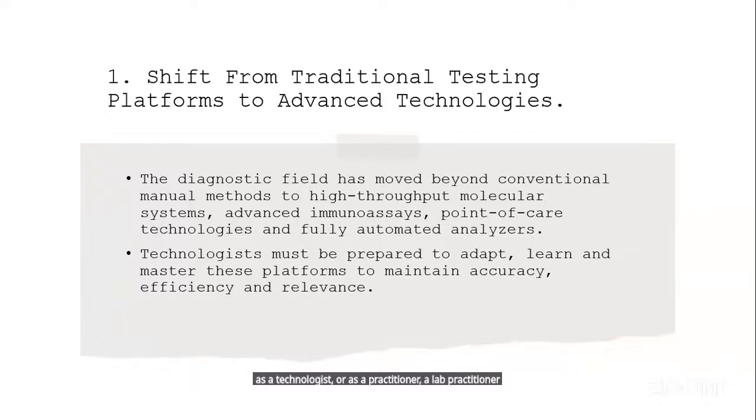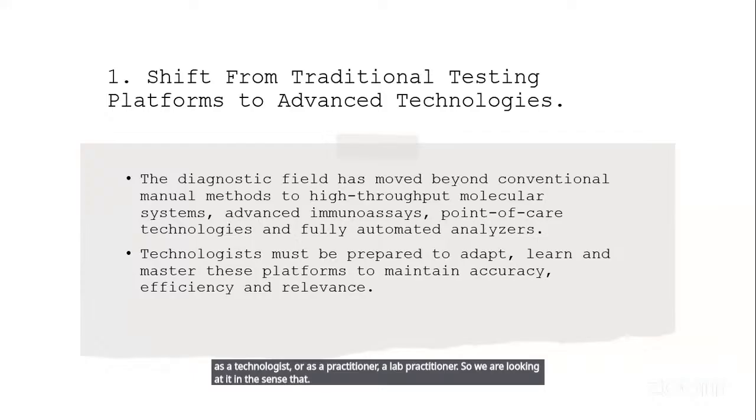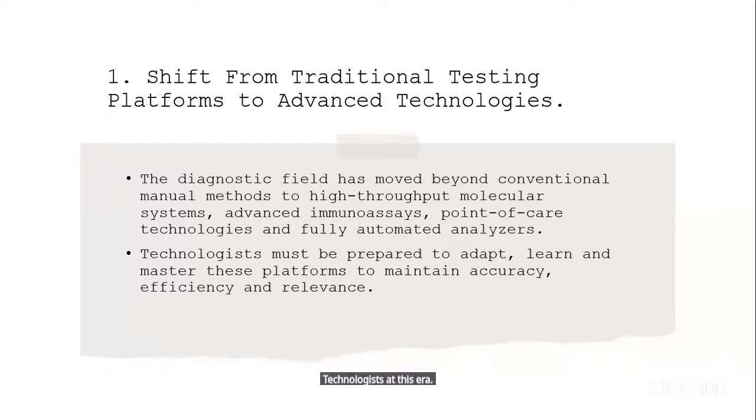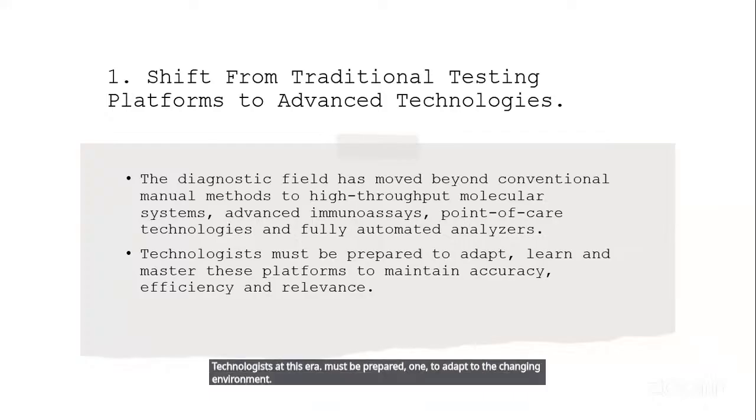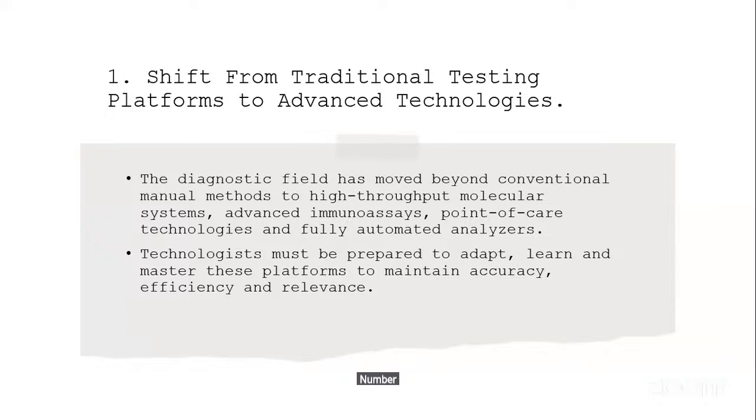Technologists at this era must be prepared, one, to adapt to the changing environment. Number two, to learn, internalize, and practice with regard to the technological advancements that are taking place. And finally, you have to master these platforms to maintain accuracy, efficacy, and relevance.